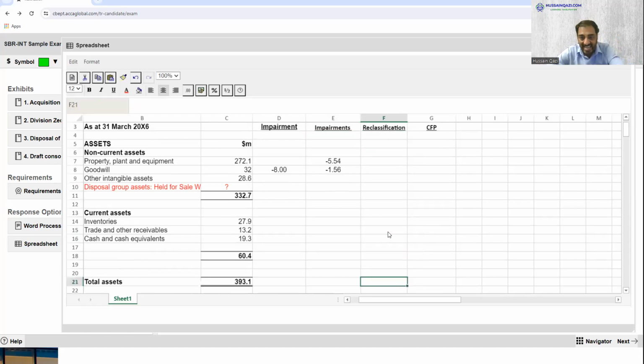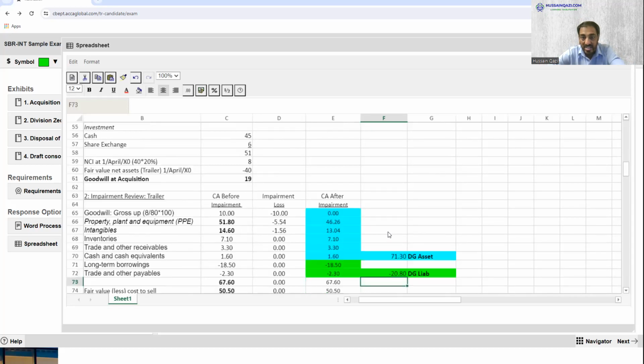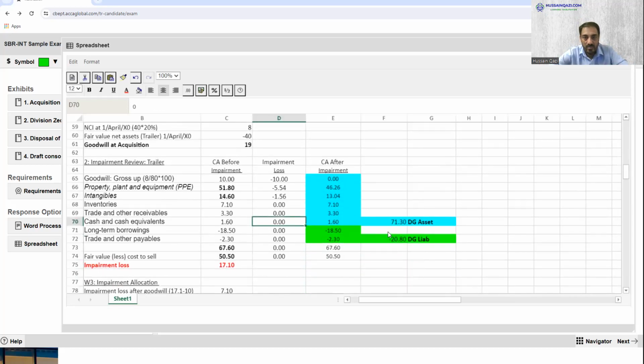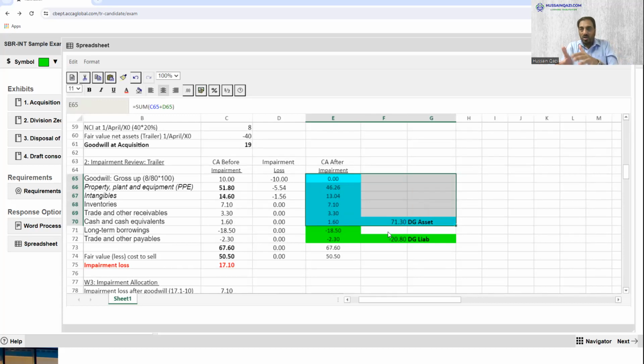Now reclassification. Once we are reclassifying, listen carefully. The carrying amount after impairment of these assets is 71.3. So make an entry. What should be the entry of the reclassification?